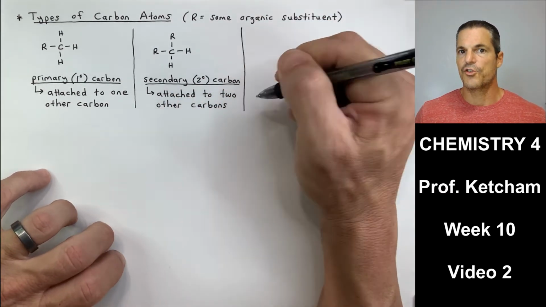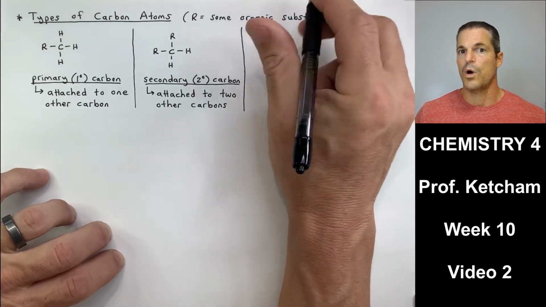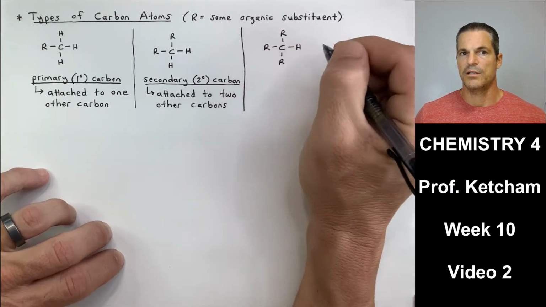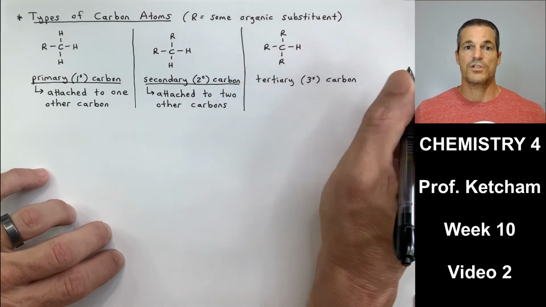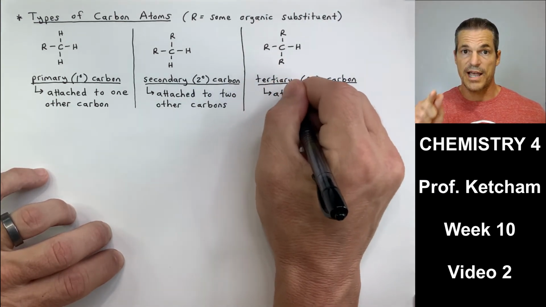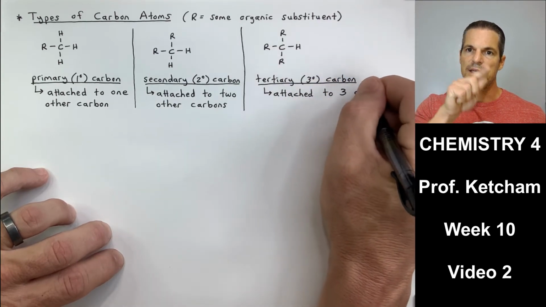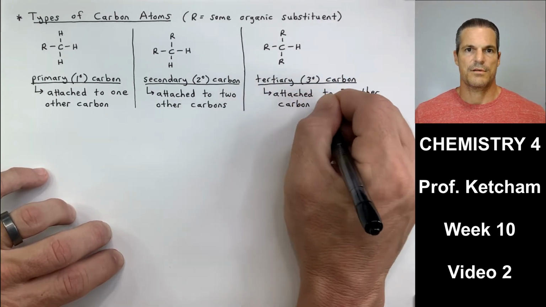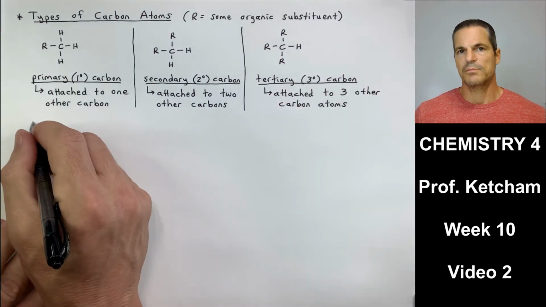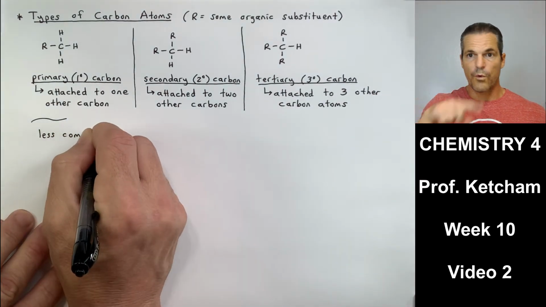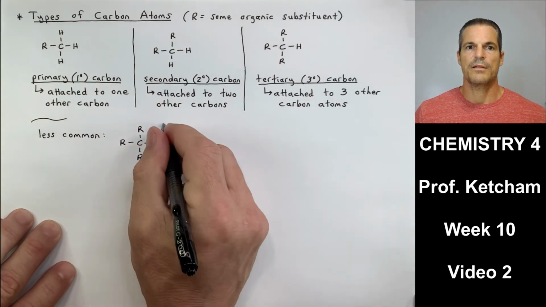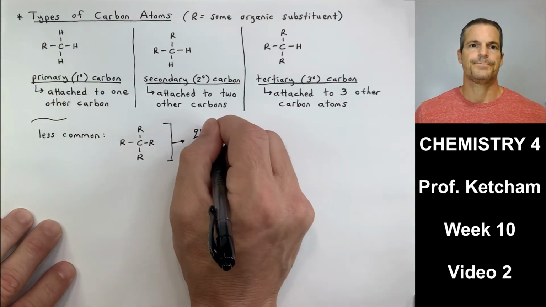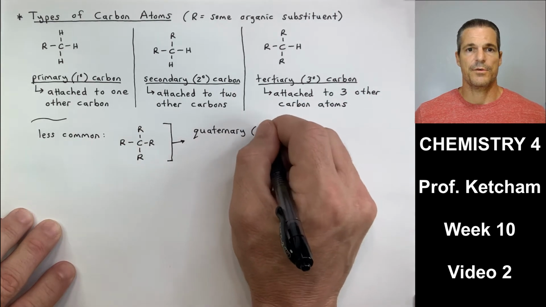Well, if I have three R groups attached and only one H, this is going to be not a primary or a secondary carbon, but a tertiary carbon. Tertiary means that that carbon I'm pointing at in the middle is attached to three other carbons. All right. Now, in some circumstances, we have all four R groups around it, and this would be a quaternary carbon, and that is not as common, but I thought I'd put it in there for you as well.